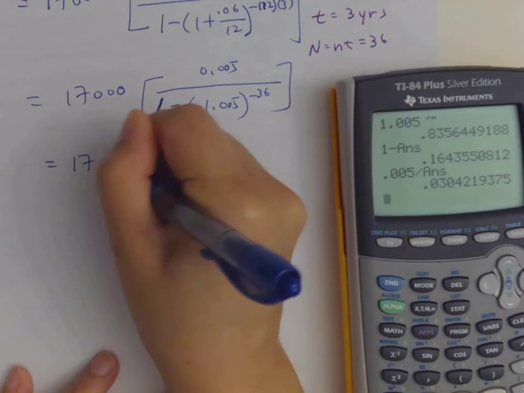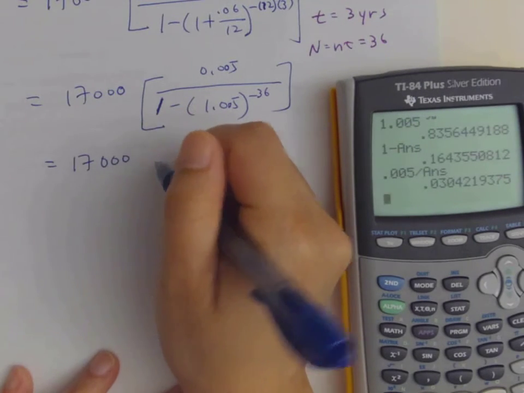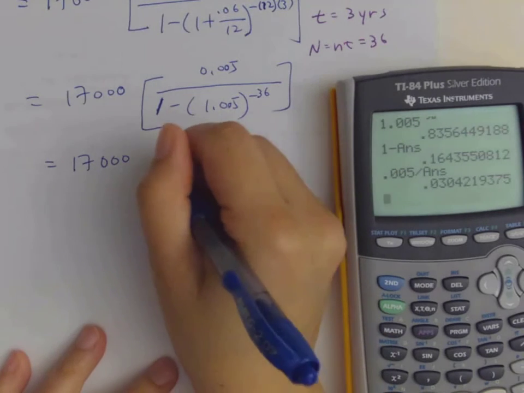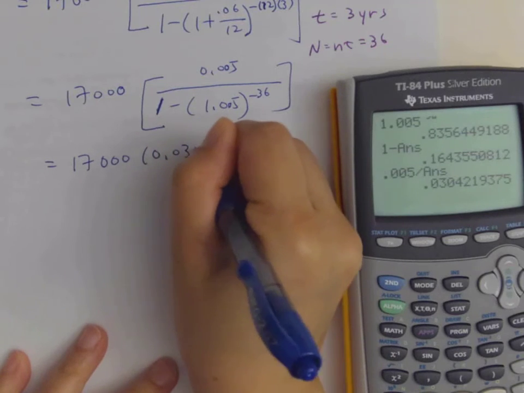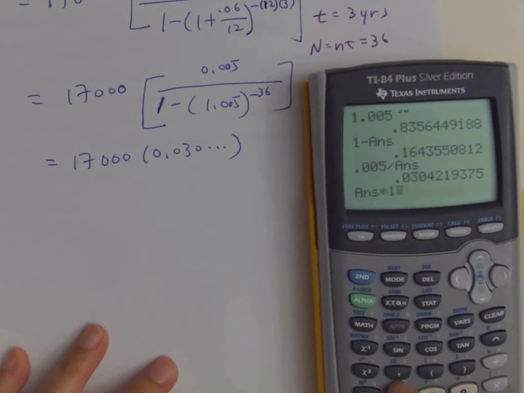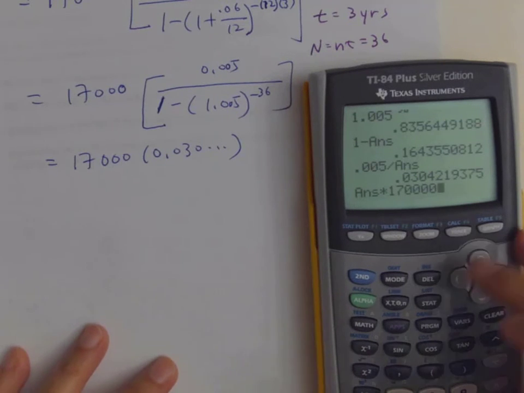It's very, very easy to make a mistake, so make sure you try very carefully, because if it's a $17,000 loan for 3 years for a car payment, probably it's a few hundred dollars. If it's a few thousand or $30, you would know something's not quite right. 0.030 something, right? Keep that number in your calculator, times 17,000. Oops, too many zeros.